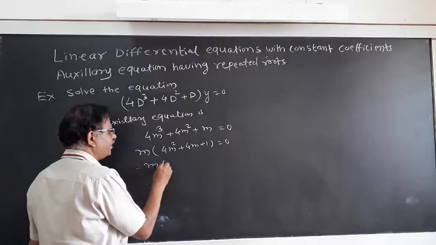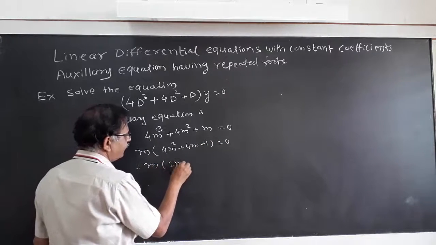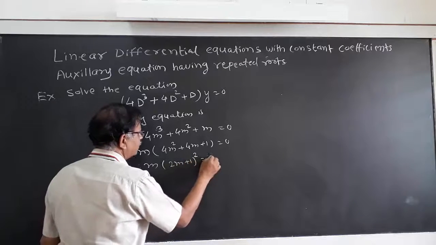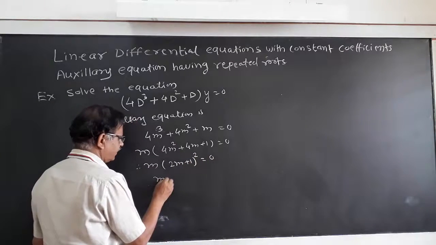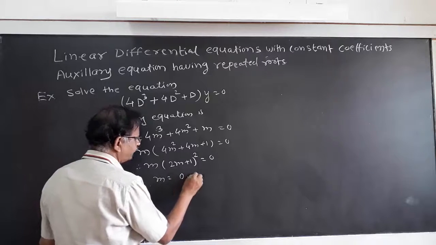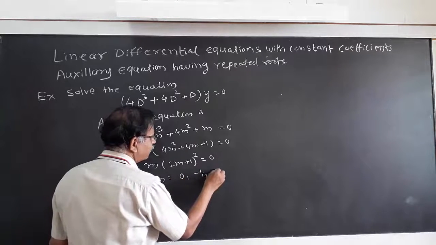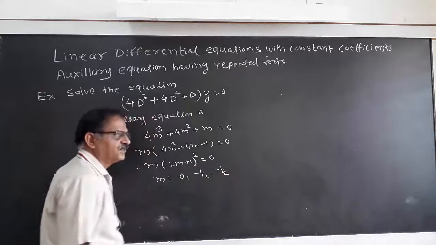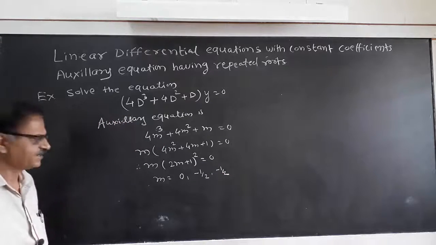Therefore, we will get m into (2m plus 1) whole square equal to 0. Therefore, m equal to 0, minus 1 by 2 and minus 1 by 2. Minus 1 by 2 is repeated 2 times.